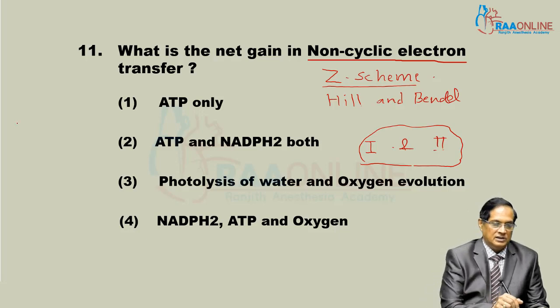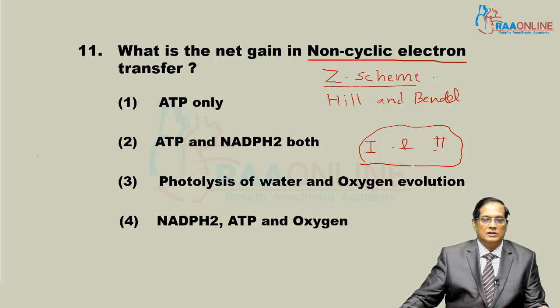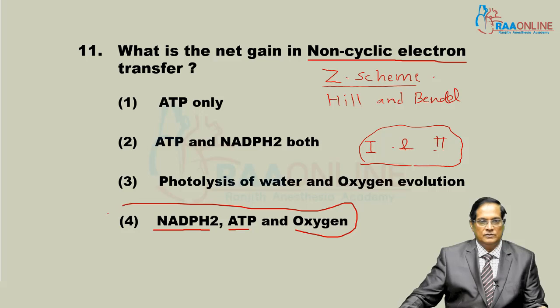This non-cyclic electron transport results in synthesis of NADPH2, ATP as well as oxygen, evolution of oxygen. This is the net gain of non-cyclic electron transport.